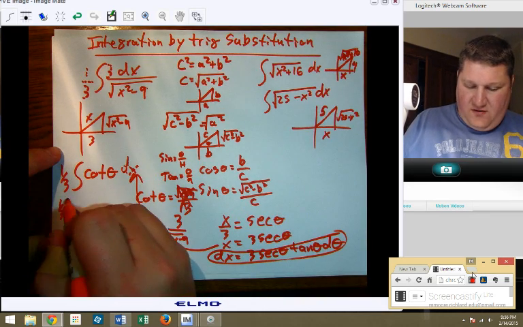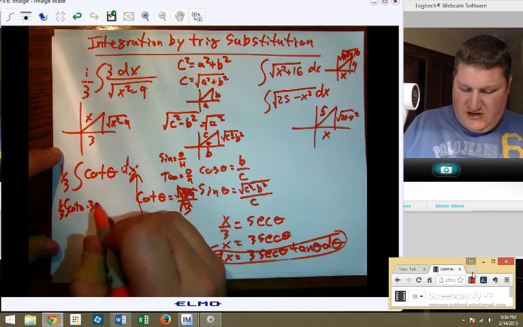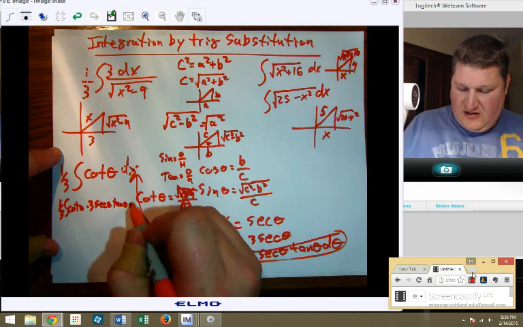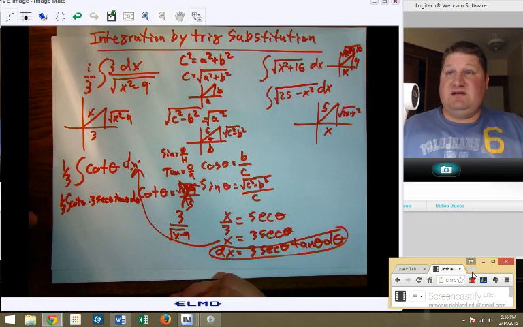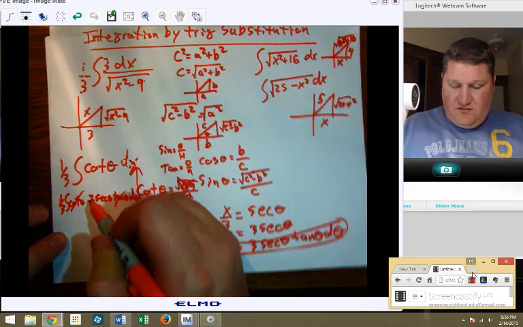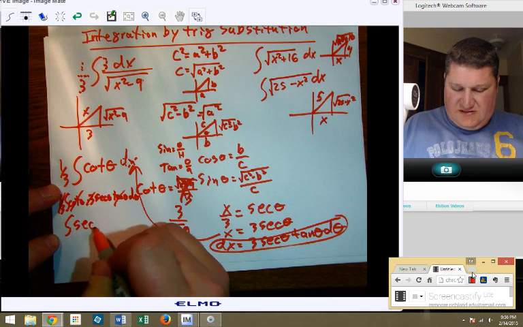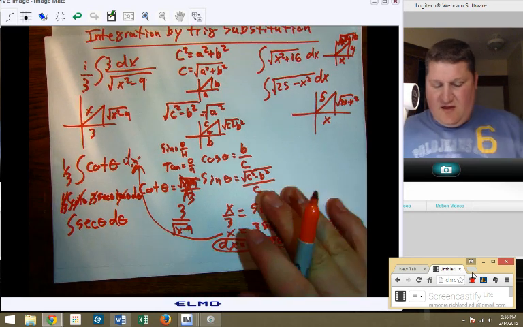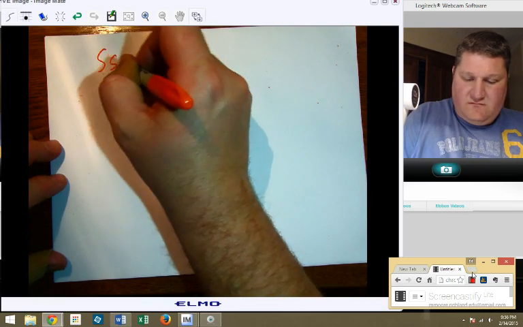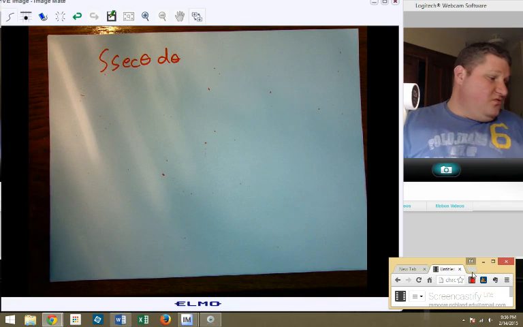I have 1/3 times the integral of cotangent theta times 3 secant theta tangent theta d theta. Now what's nice about that is cotangent and tangent cancel out. The 3 and the 1/3 cancel out, leaving the integral of secant theta d theta. At this point, I say, oh, yuck.